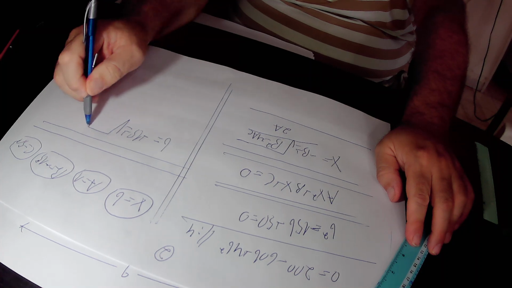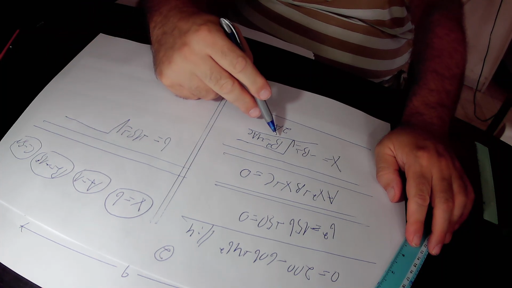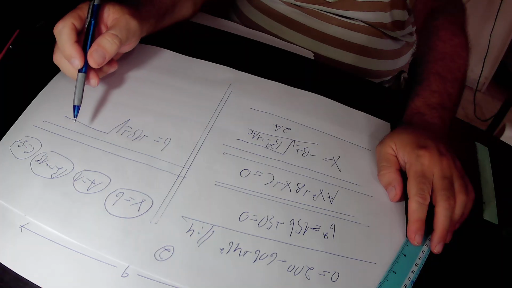plus minus square root of capital B square.